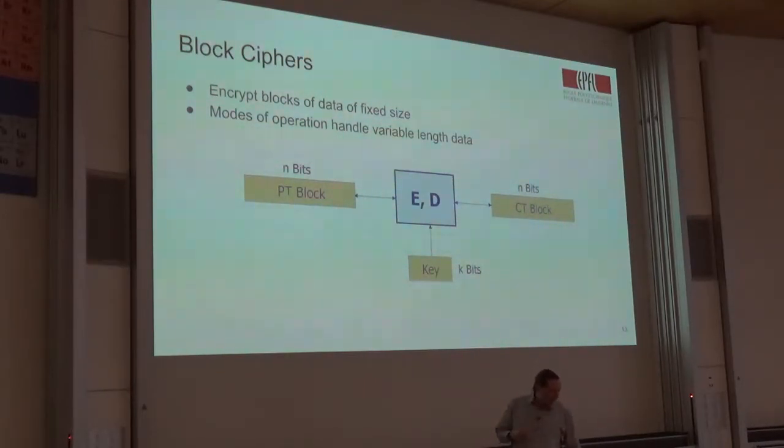So fundamentally what a block cipher does is take a key and take a fixed length set of input bits and encrypt it to produce the same number of output bits, ciphertext bits, that's running it in the encryption direction. You can also run it in the decryption direction, in which it takes the same key, a fixed n ciphertext bits, and goes backward to produce the original n plaintext bits, right?